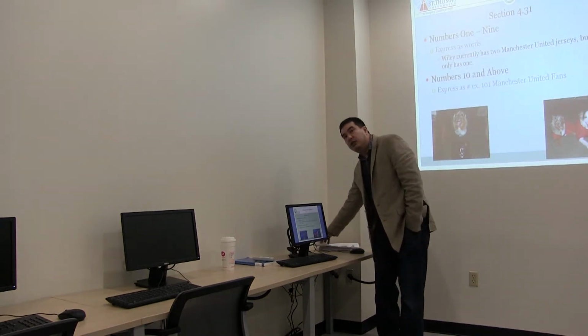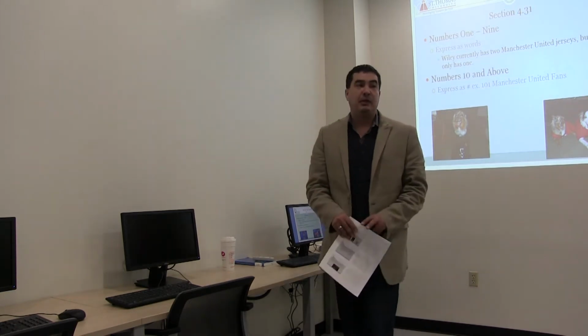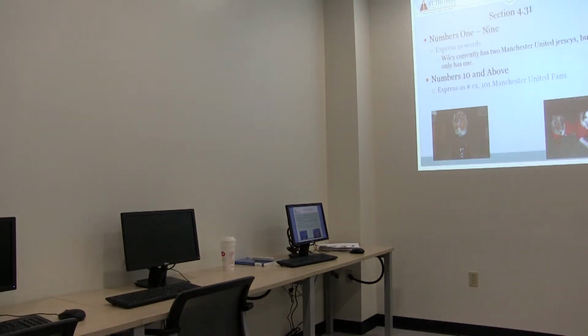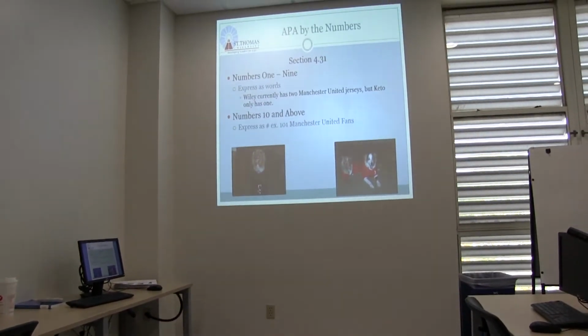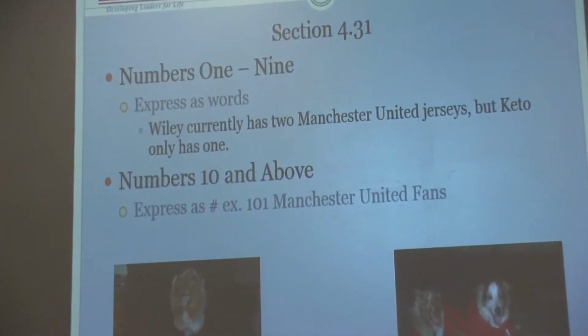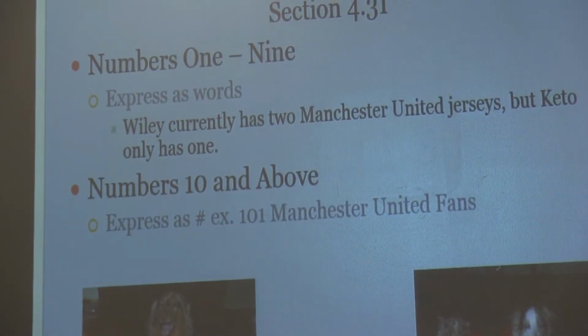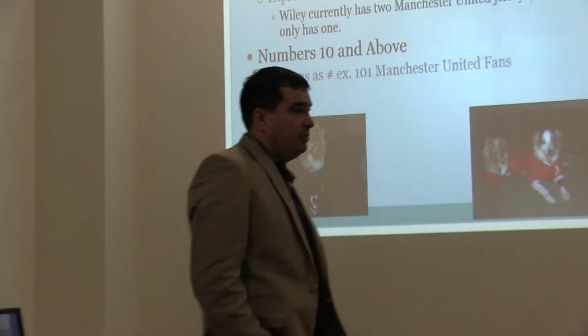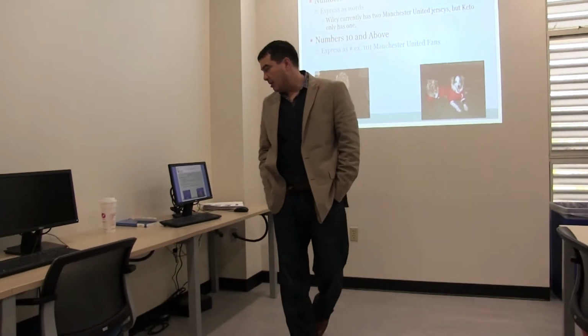When you're dealing with numbers in APA, as you're going to see, numbers 0 through 9 you express as words. Numbers 10 and above, you express as numbers.